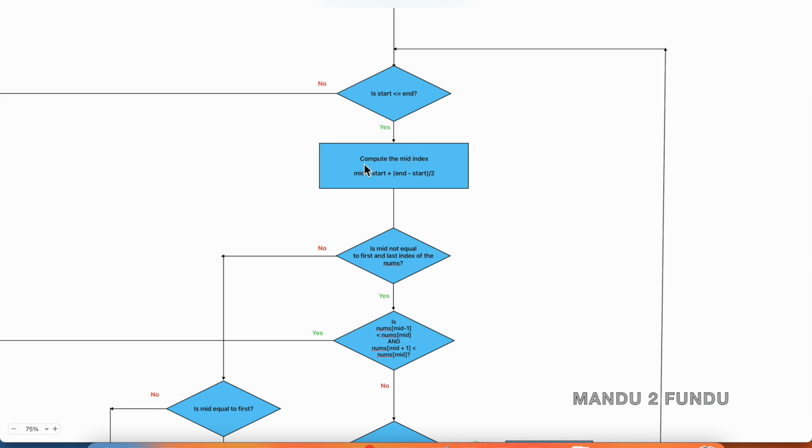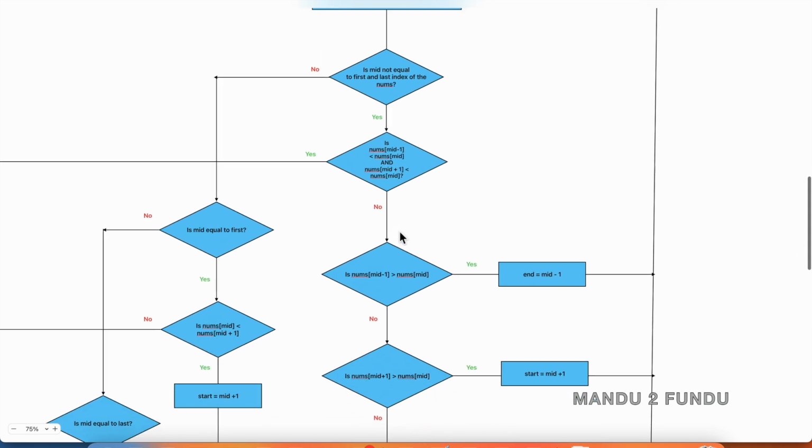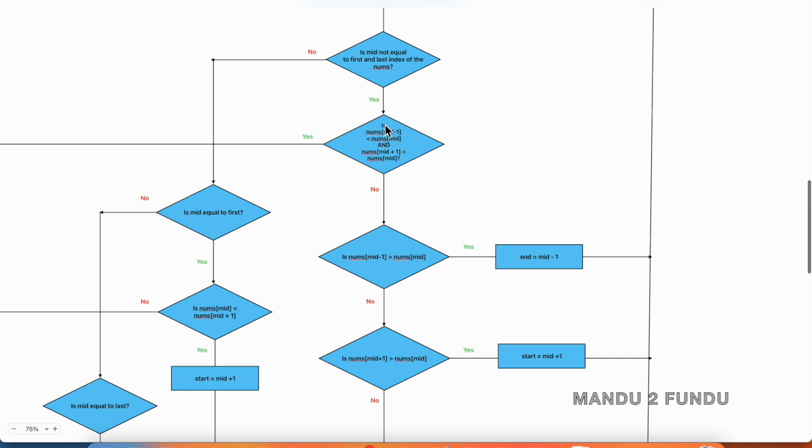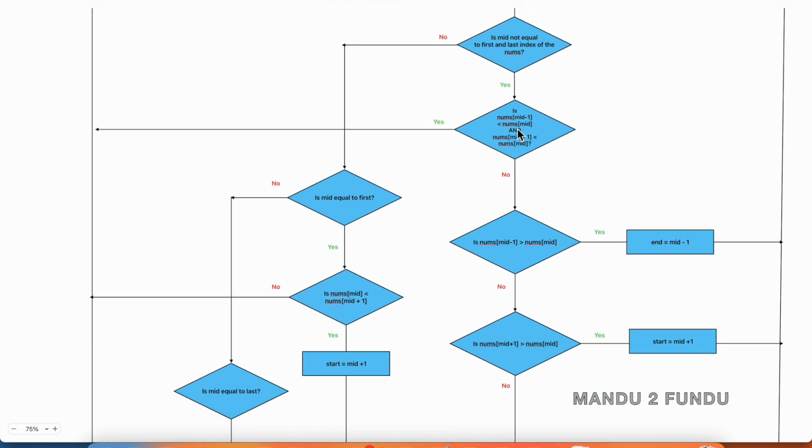In each iteration we compute the index of the mid element, and then we check whether the mid is not equal to the first element index and last element index. If that is true, then we compare the element present in the mid index with its neighbors. If the mid element is greater than its neighbors, then we return.